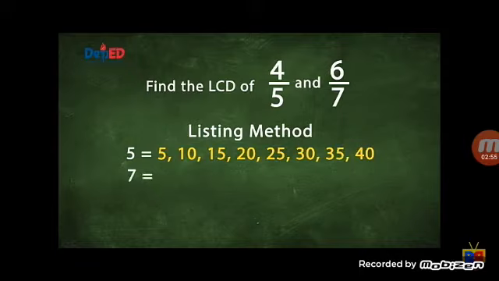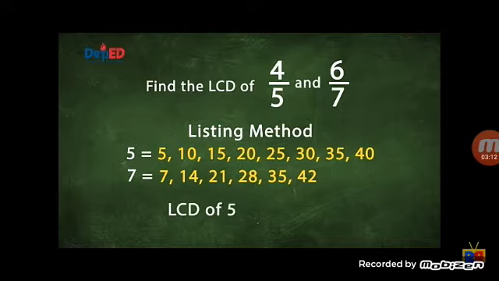For 7, we have 7, 14, 21, 28, 35, 40. Therefore, the least common multiple or the least common denominator or LCD of 5 and 7 is 35.